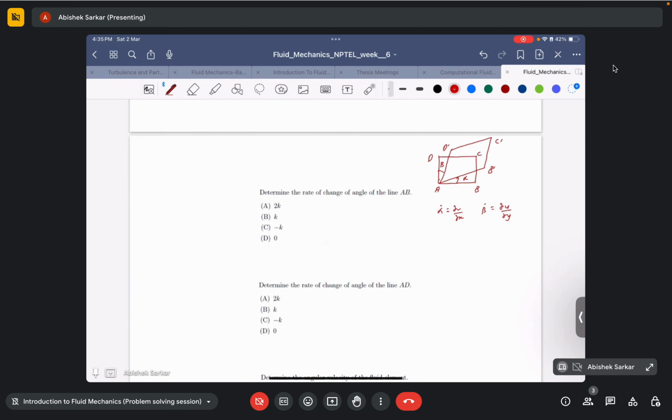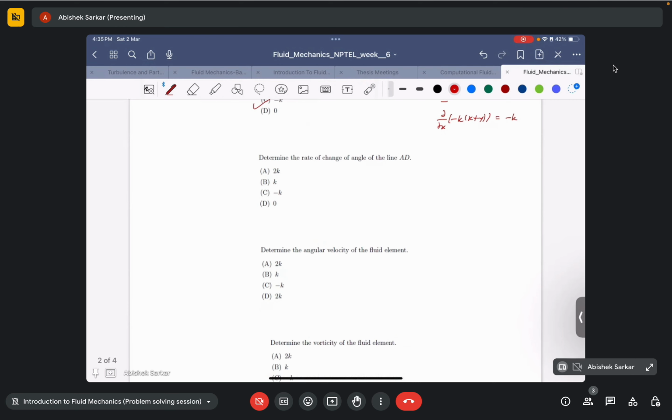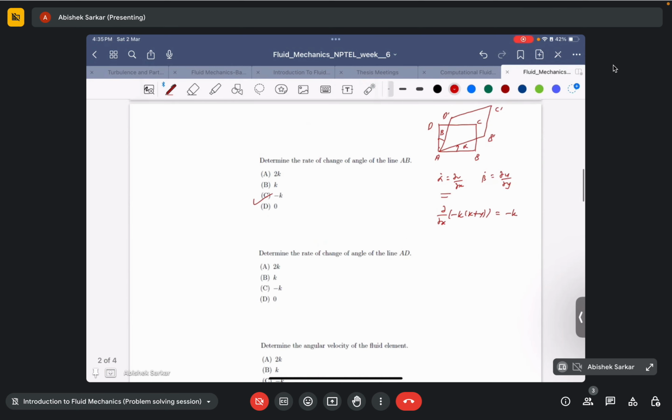If we substitute the expression for v and take the partial derivative along the x direction, the rate of change of the line AB would be given by minus k. So dou by dou x of minus kx plus y gives us minus k. Similarly, the rate of change of angle AD would be given by beta dot, which is dou u by dou y. The partial derivative of dou by dou y of kx plus y would be equal to k. So the answer would be B.